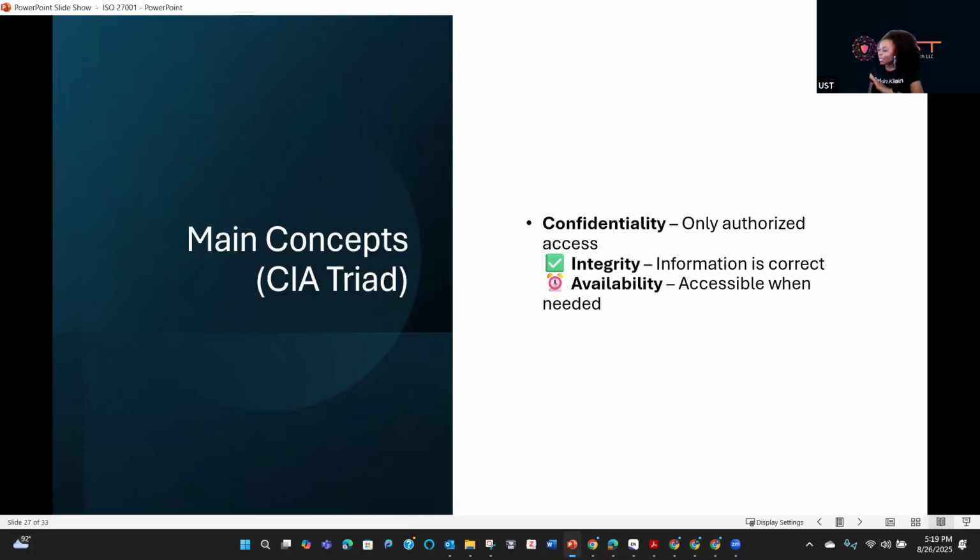I said, for example, let's just keep it at a basic level. You have a CNA who has access to medication and is able to administer medications they are not allowed to, because they do not have good access control. Let's just say, God forbid, that CNA administers the wrong medication to a patient who is allergic to that medication, and God forbid, that patient dies.